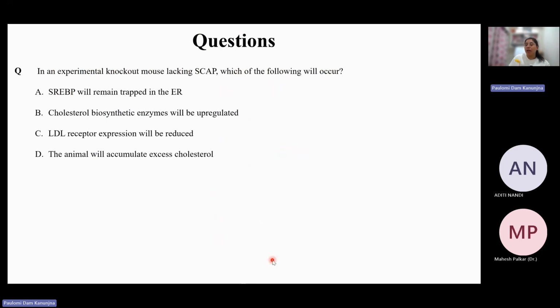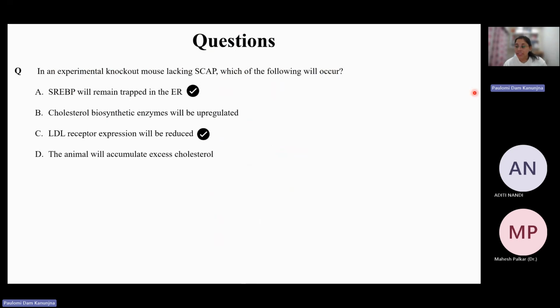And if you remove SCAP, what can happen? Okay. The answer is A, of course, and C.